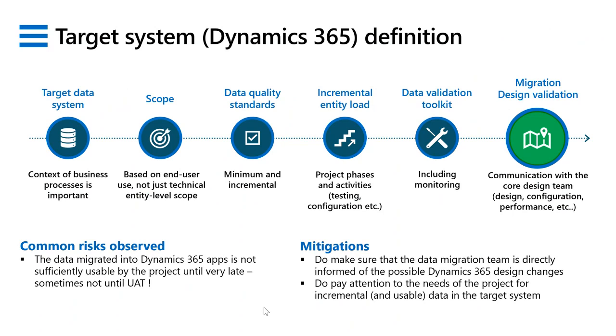One of the other things that we see is that the scope of the data migration is often defined in technical terms of data entities, number of records, attributes, etc. And we strongly encourage you to think of the scope of data migration to the target system as defined not just at that level, but also at the level of how it's going to be used in the production system.